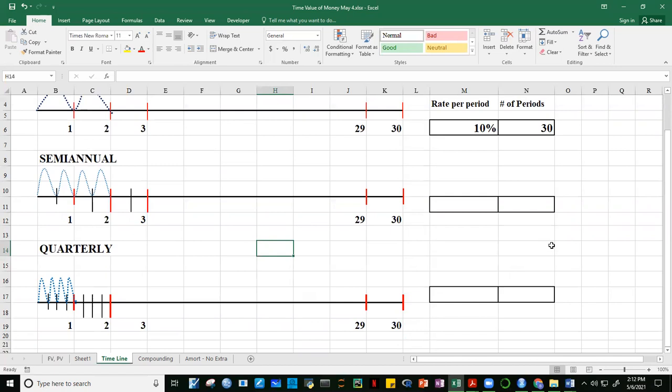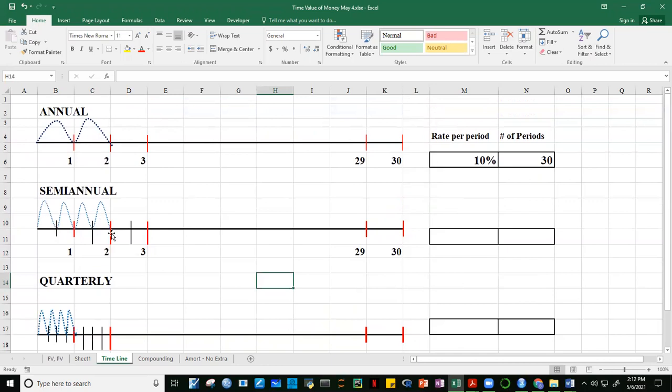So the more compounding there is per period, the greater will be our future value, or the greater will be our present value also, because they are the same. If our future value is high, it shows that our present value is also high, relatively. For example, when we compare annual compounding versus semi-annual compounding, the future value of semi-annual is higher than annual, as shown a while ago.